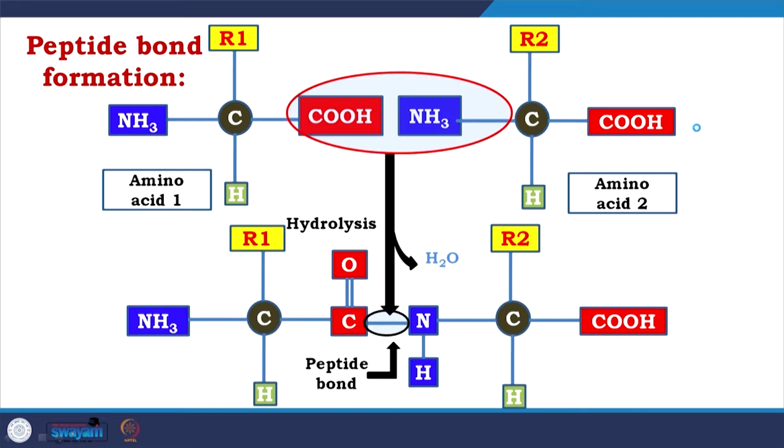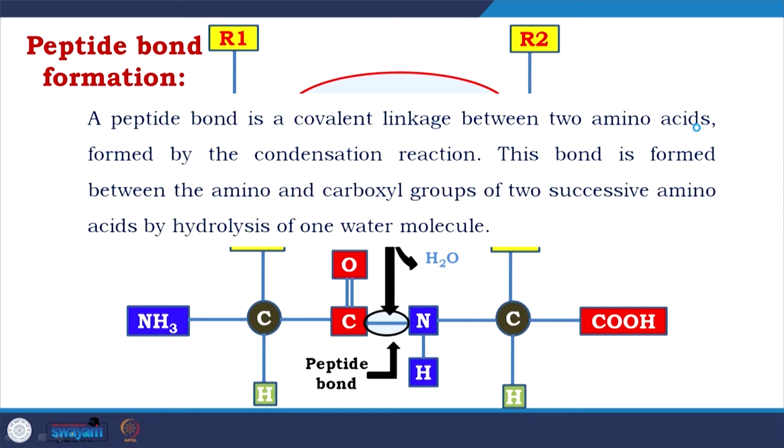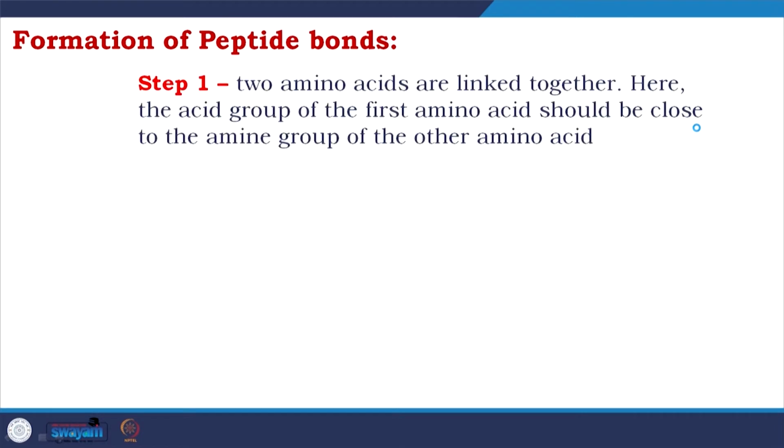So, the C double bond O, OH and NH3, they combine, leave a water molecule and get connected. A peptide bond is a covalent linkage between two amino acids formed by a condensation reaction. This bond is formed between the amino and carboxyl groups of two successive amino acids by the loss of one water molecule.